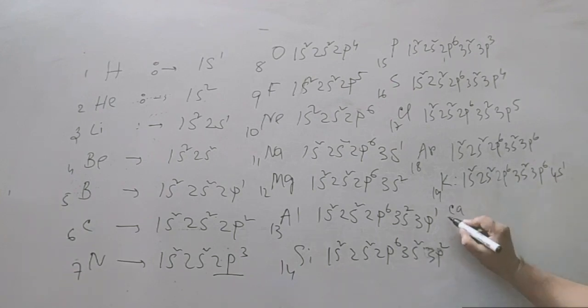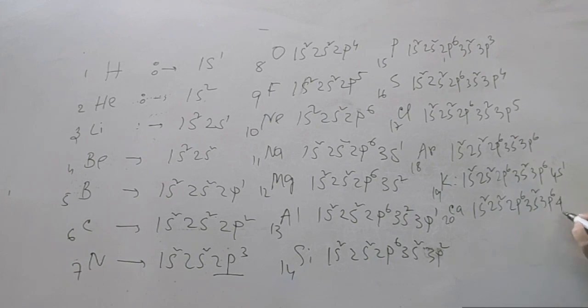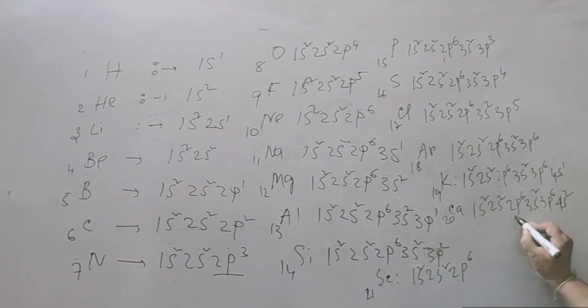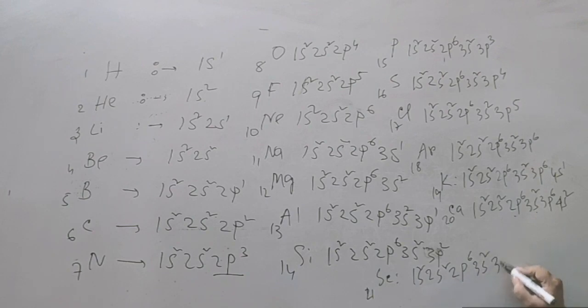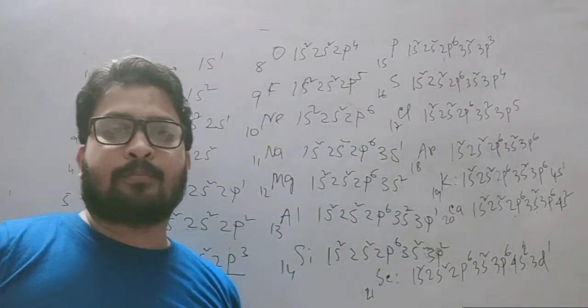For calcium, 20: 1s2, 2s2, 2p6, 3s2, 3p6, 4s2. And for scandium, 21: 1s2, 2s2, 2p6, 3s2, 3p6, 4s2, 3d1. Now start 3d1, 3d2, 3d3, up to 3d10, and so on.